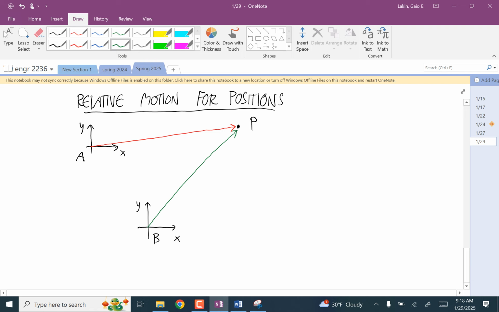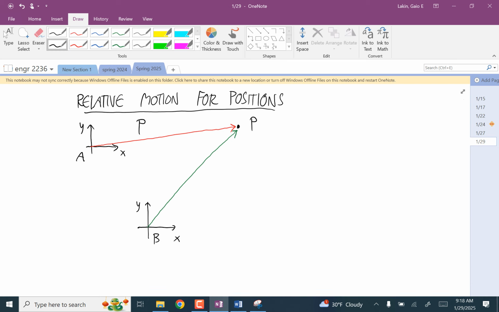Okay, we're used to just talking about a position vector, but now since we're doing them in two separate coordinate systems, we need a new notation for this. Here's the notation we're going to use, and you have to get used to this. This is going to come up a lot. We're going to call this red vector the position of, anyone remember this from Physics 1?